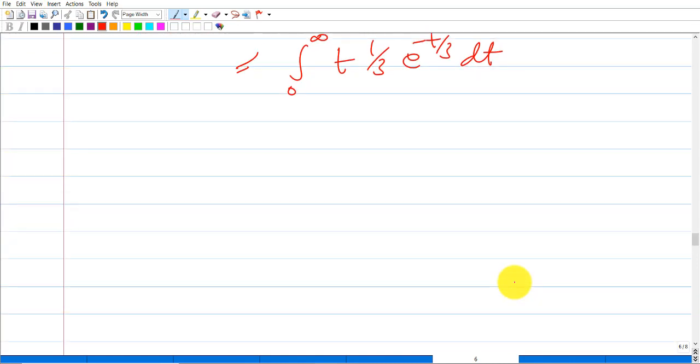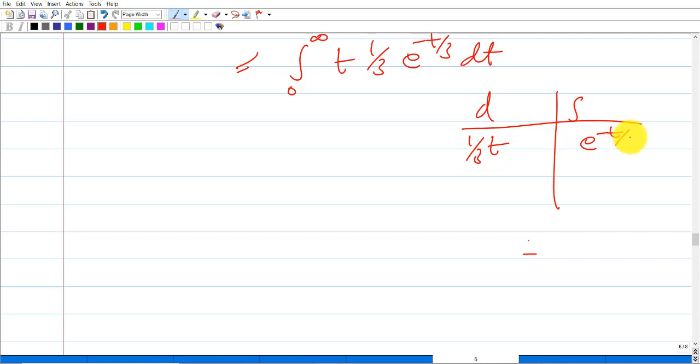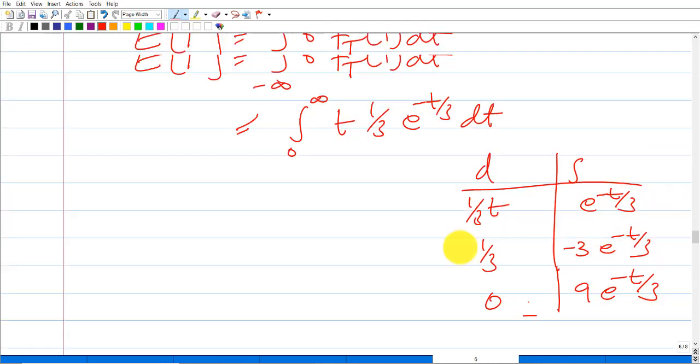The shortcut that we have seen means we use the derivative here and the integral here. So 1 by 3 t, and we will use integration here. That would be 1 by 3, minus 3 e raised to power minus t by 3. That would be 0, and that would be 9 e raised to power minus t by 3.